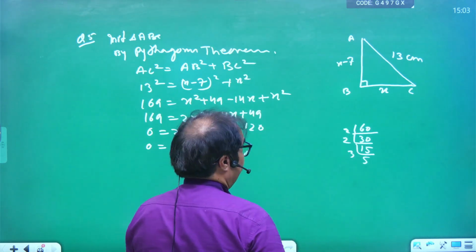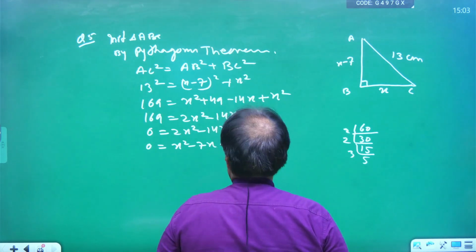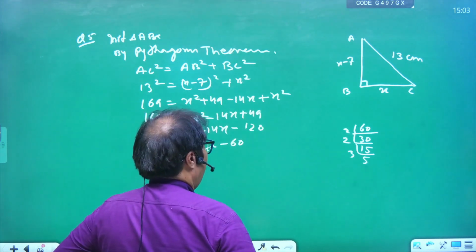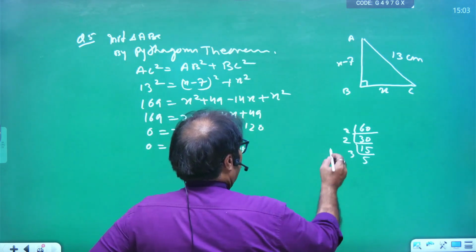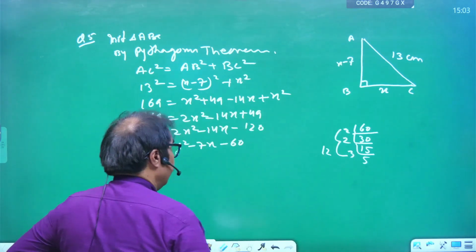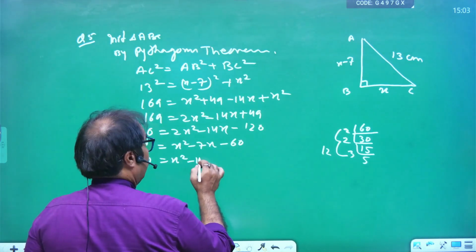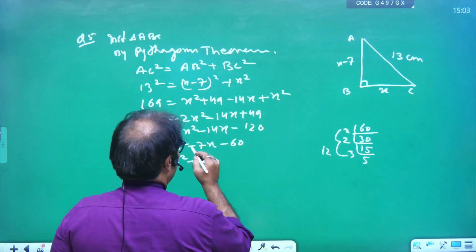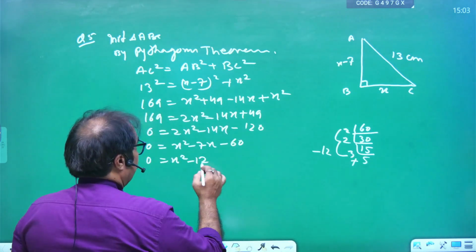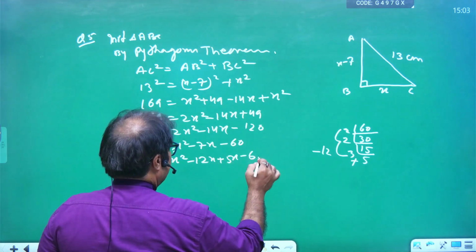We want 7. So how will we get 7? 3 times 4 is 12, and 12 minus 5 we will get 7, right? So 0 is equals to x square minus 12x, because the middle term is minus 7, so there will be minus and this should be plus. So minus 12x plus 5x minus 60.